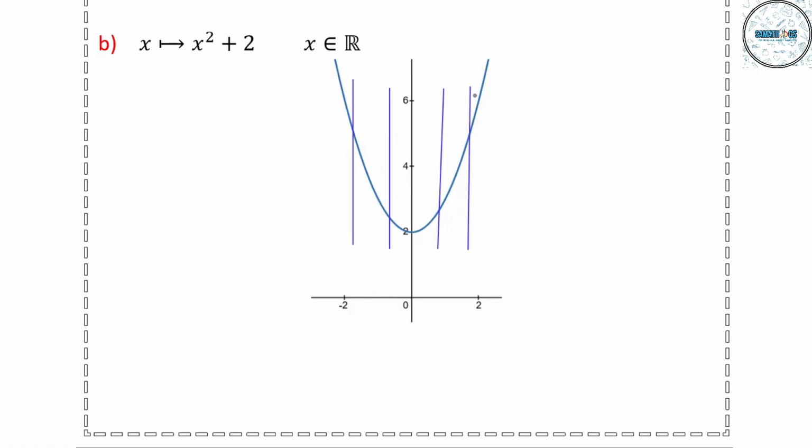So these vertical lines are intersecting this curve at one point. So it means that it is a function. For two inputs, there is one output. So it's a many-to-one mapping. It is also a function. One-to-one and many-to-one are functions.